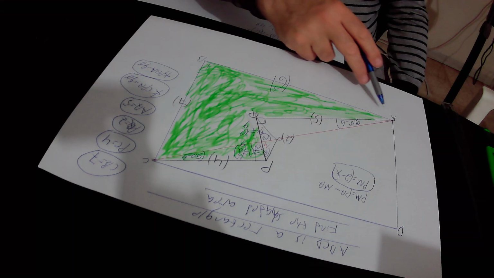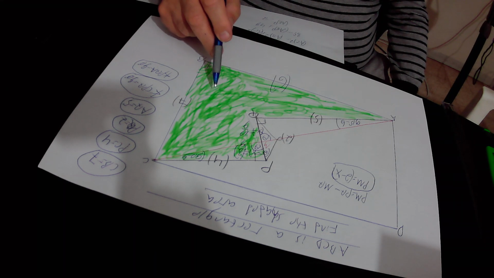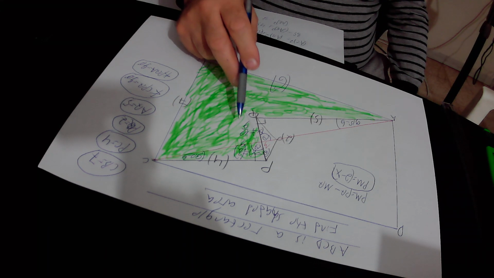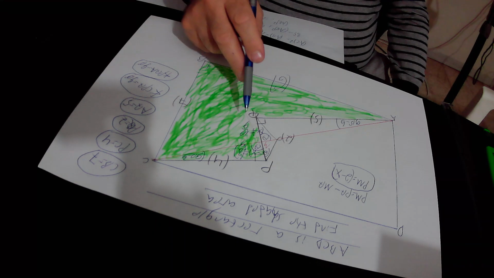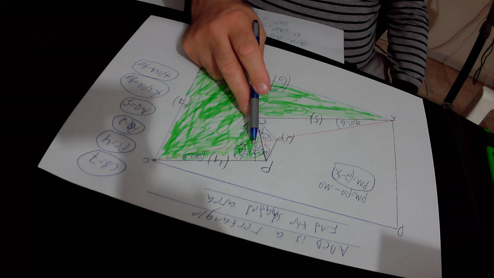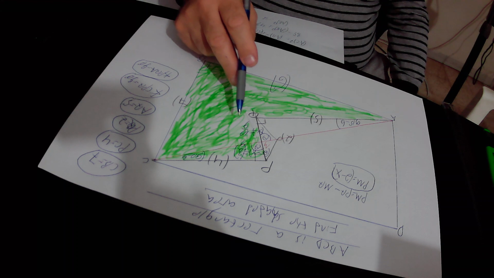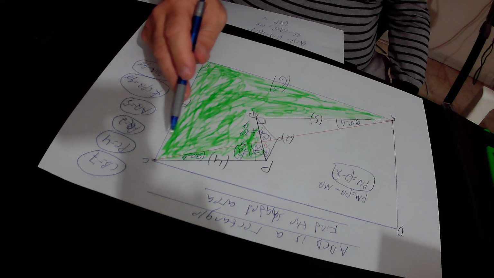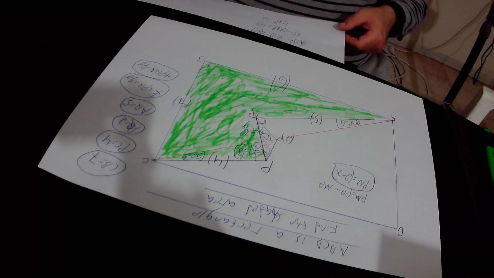Because the area of triangle ABC does not include this green shape, we have to add to it the area of this triangle, triangle PCM.